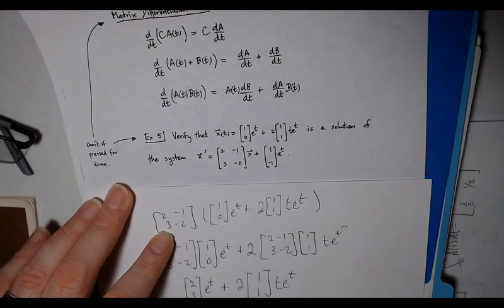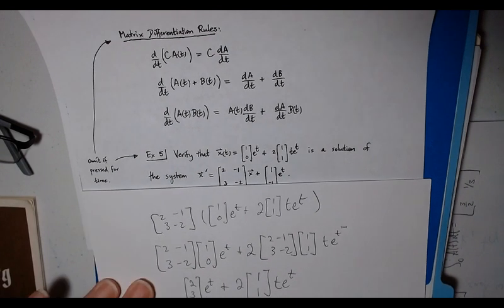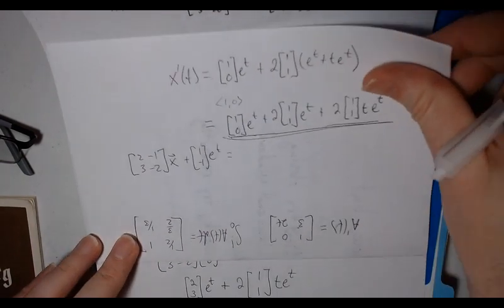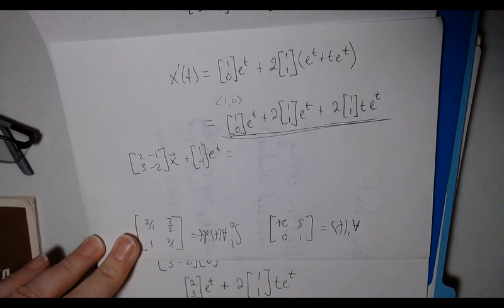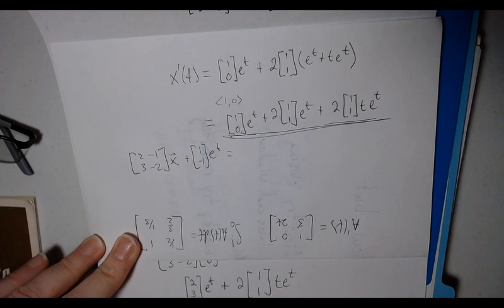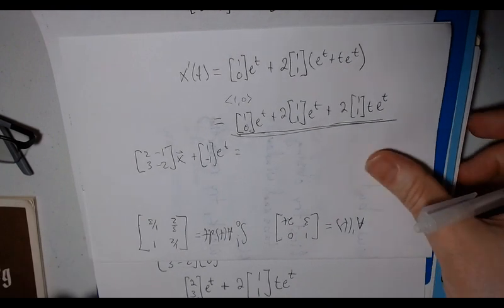Now, I just got rid of that other piece of paper. Here it is. So we have on the one hand that x prime equals [1; 0] e to the t plus 2 [1; 1] e to the t plus 2 [1; 1] t e to the t.